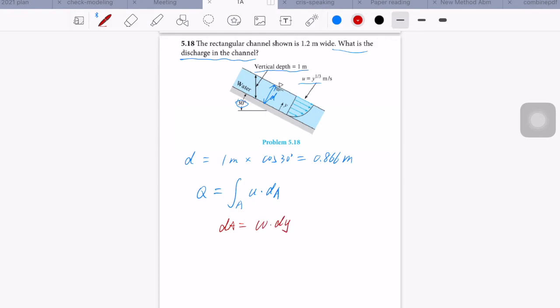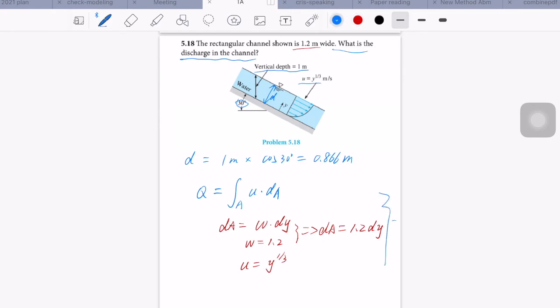In this problem, the width of the rectangular channel is 1.2 meters. So W equals 1.2. So we can determine that dA should be equal to 1.2 times dy. And we also know U equals y to the power of 1/3.